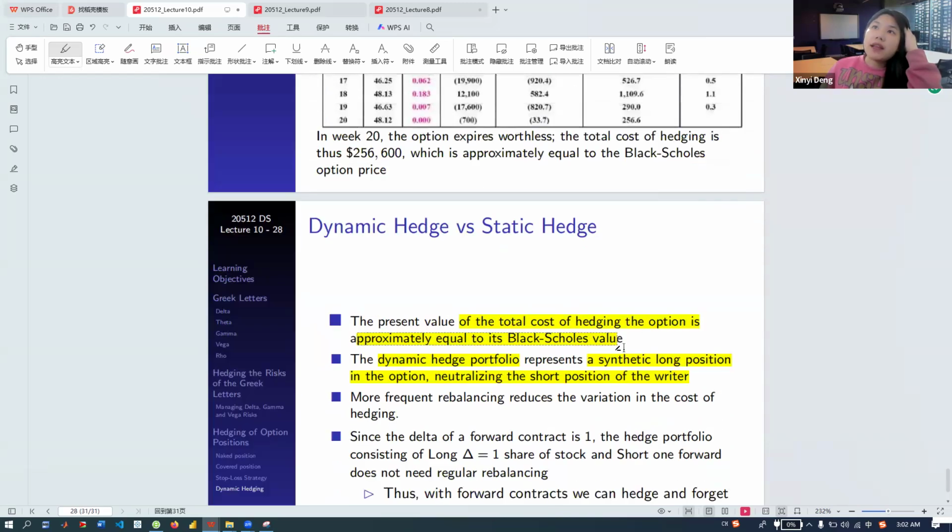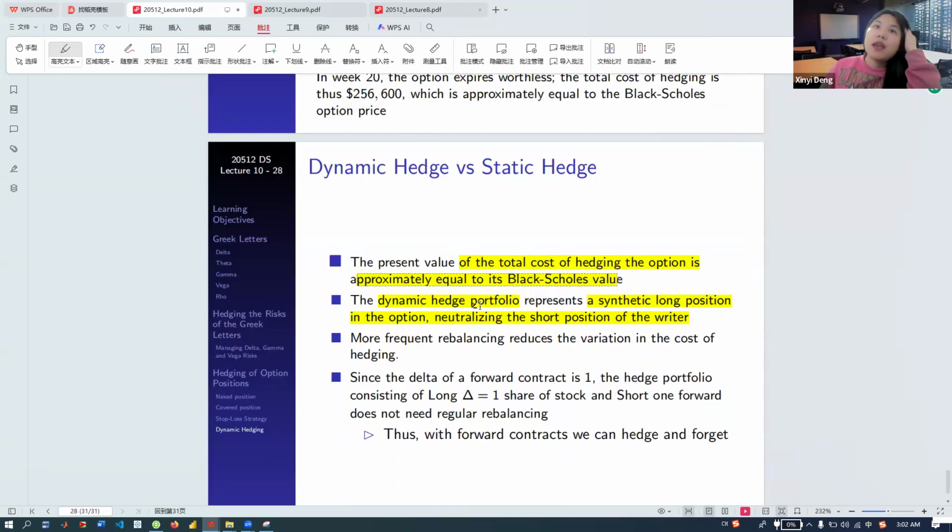And since the hedging cost is already equal to the value, the instruments we use to hedge form a synthetic long position in the option.